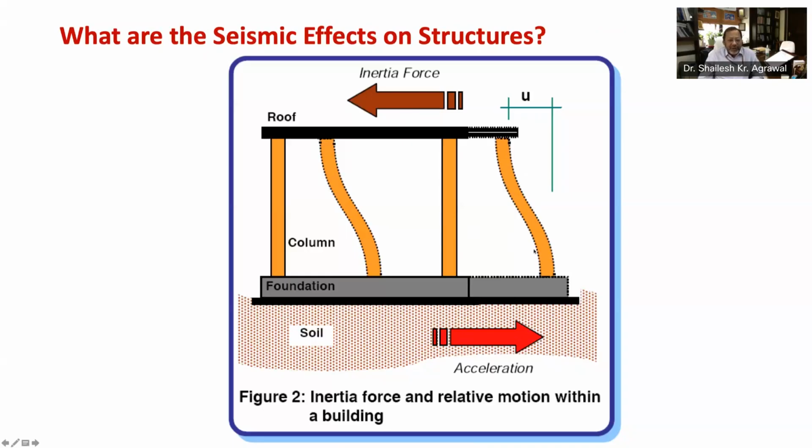Also, stiffer is the column, means having larger size, larger will be the force induced in the column due to earthquakes. This internal force in the column is also known as stiffness force, which is calculated as stiffness of the column multiplied by this relative displacement between its ends, which is denoted by small u here. So in summary, during shaking, the inertia forces developed are to be transferred to the ground through beams, columns, and walls.